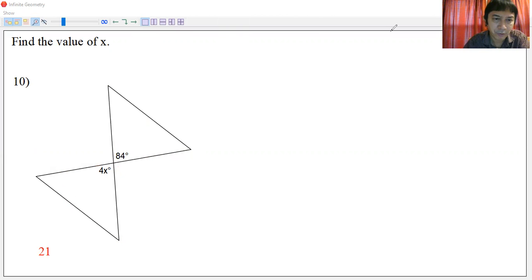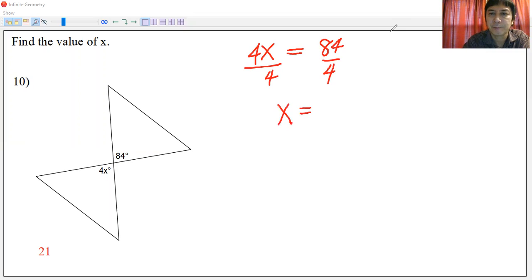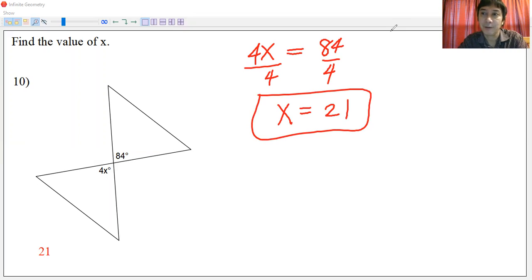All right, 84 must be equal to 4x. So we have 4x equal to the numeric 84. And so this will be very simple. Divide by 4. And this is 21. Yes. And the answer is there.